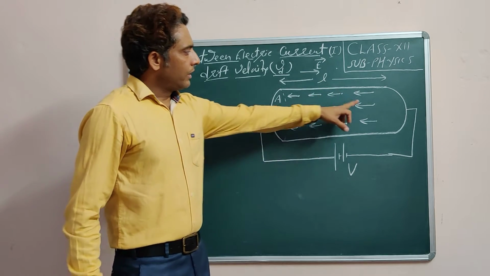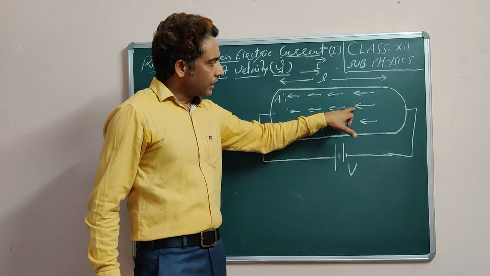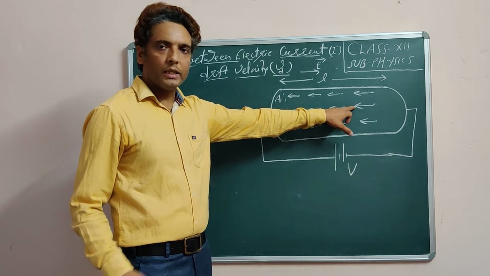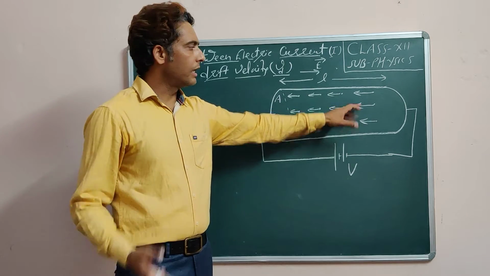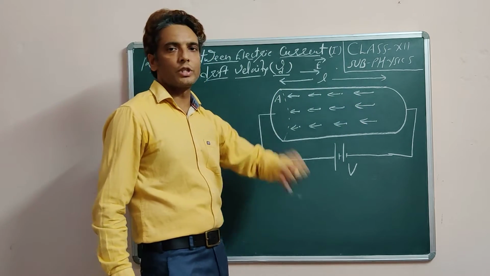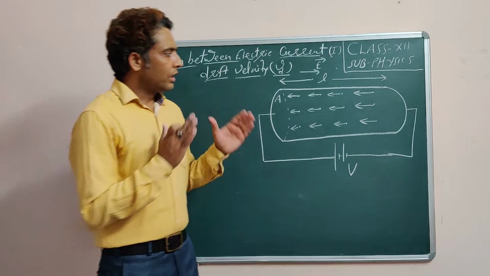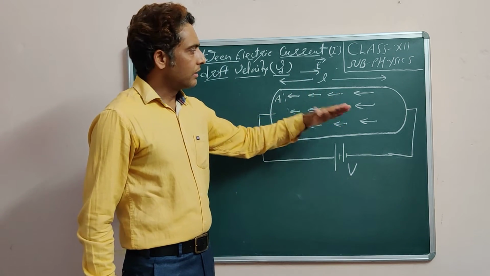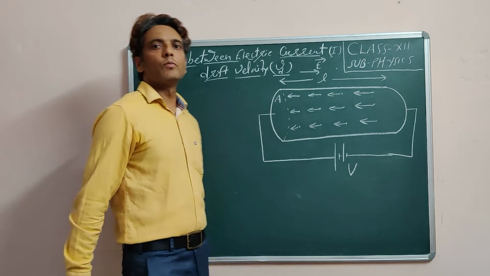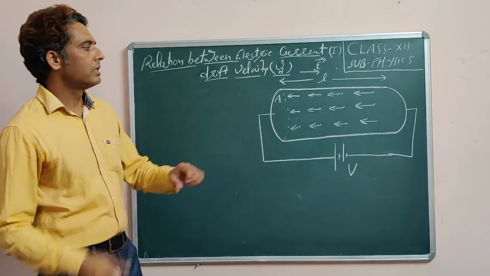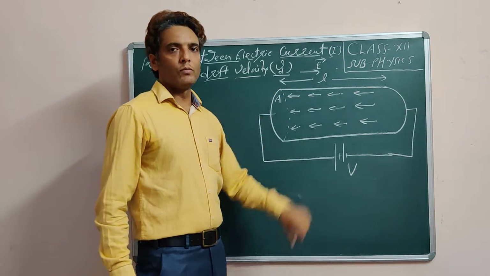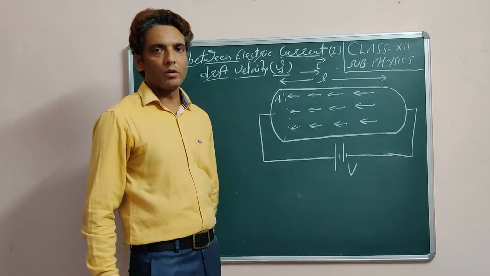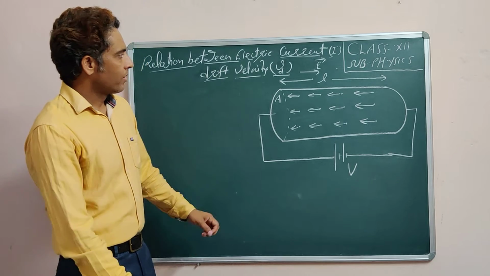But when an electron moves from one lattice site to another and strikes a lattice site, it again loses its energy and starts with fresh velocity. So there is no large acceleration of the electrons. That's why they attain very small velocities, and the average of those velocities is a constant velocity known as drift velocity or drift speed.